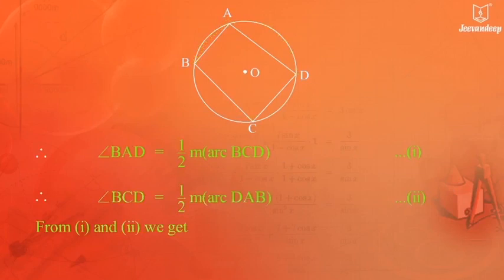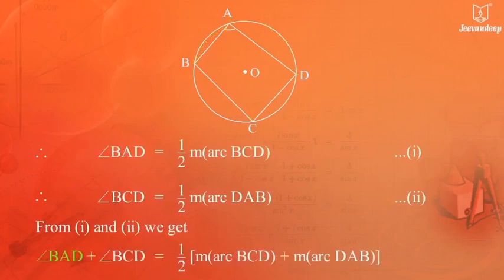From 1 and 2, we get angle BAD plus angle BCD equals half the measure of arc BCD plus measure of arc DAB.